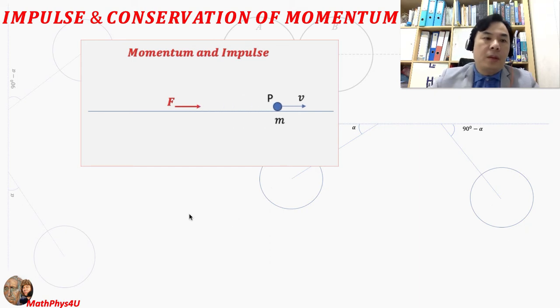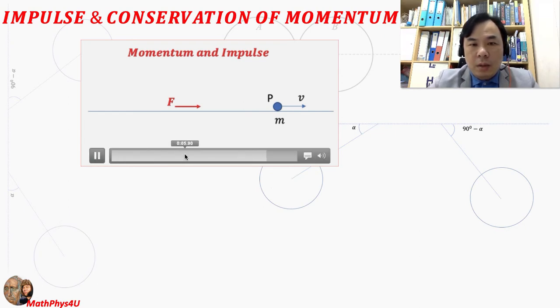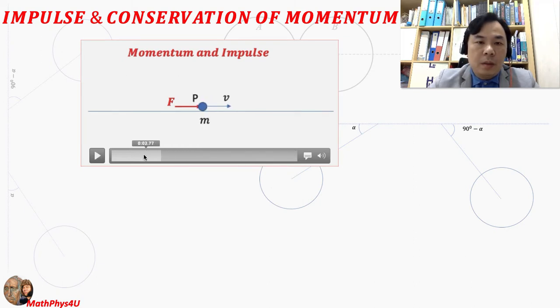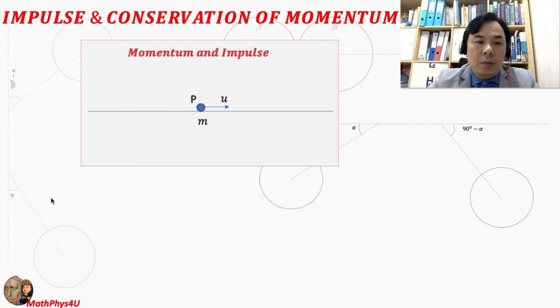All right, okay. Just let me rewind a bit so that I can show you step by step what's going on. Now, before the particle was acted on by the external force, this particle has what we know as momentum. Briefly, momentum, just to revisit, I'm going to write down here: momentum.